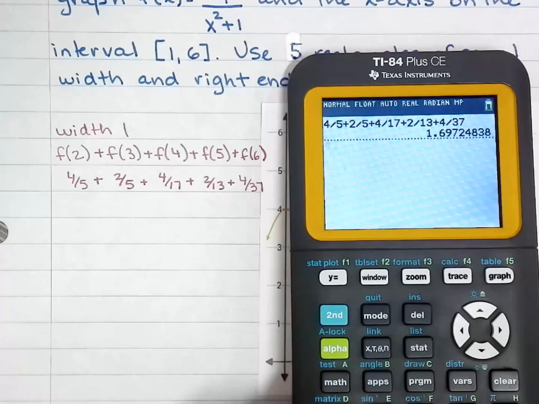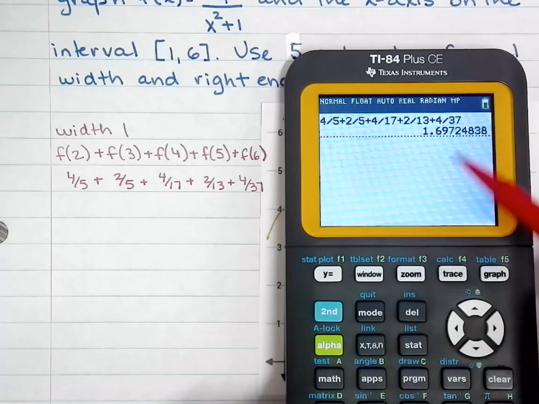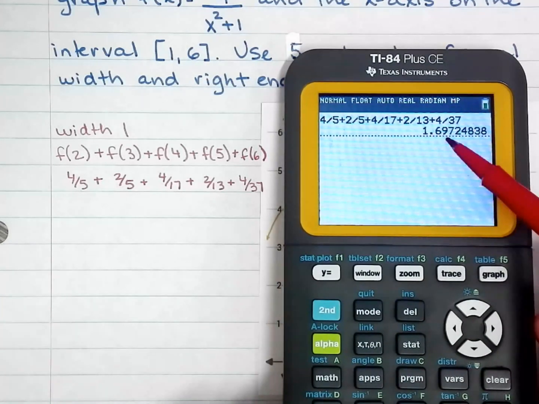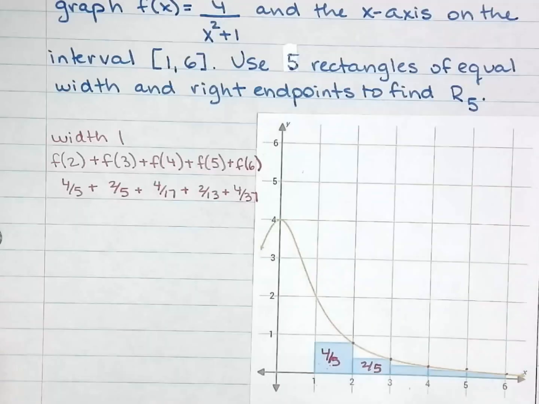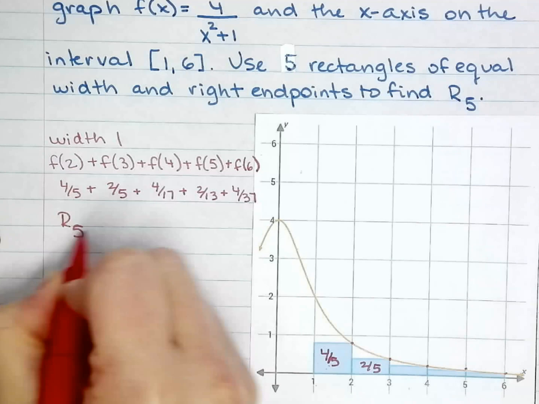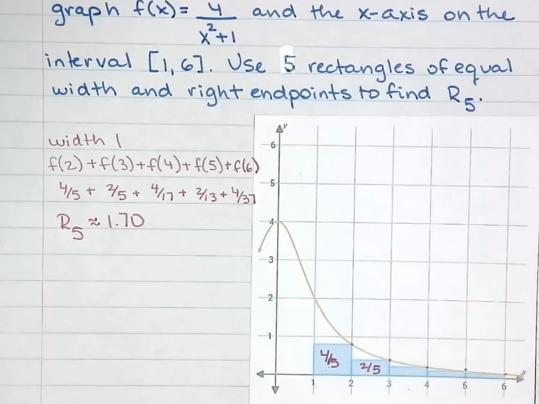So you got 1.6972, something. But let's go ahead and round that to 2 decimal places. So 1.7. So our R5 is about 1.70.